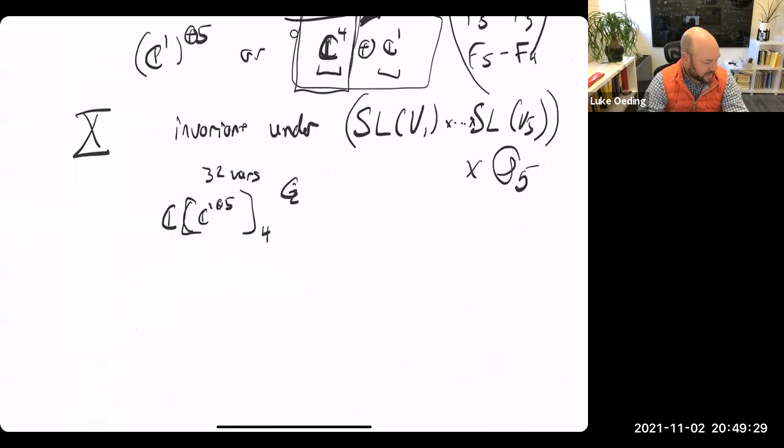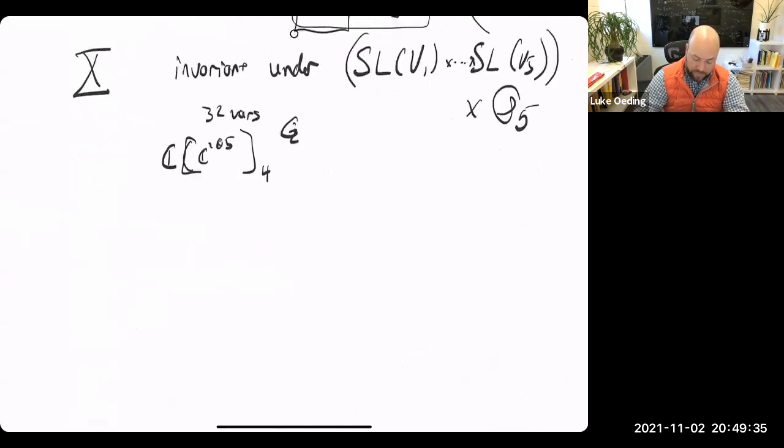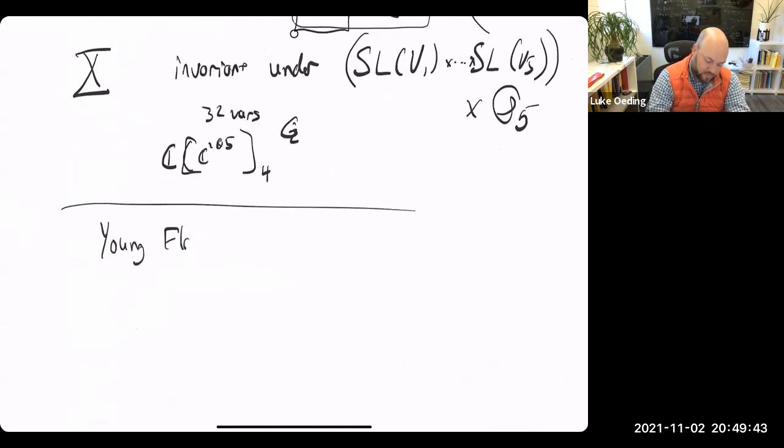The upshot, as I said in the beginning, this is a method for computing all the equations in low degree, but you may want to look at Young flattenings. You may want to look at hyperdeterminants.